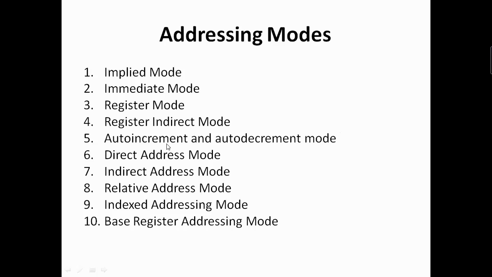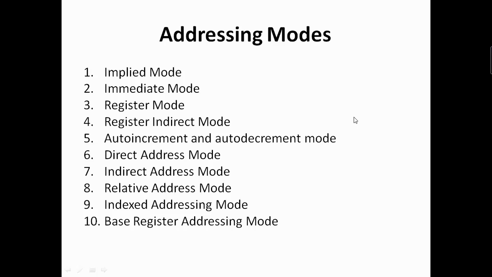The fifth one is auto increment and auto decrement mode. This fifth is the same as the fourth. The only difference is that once the register is accessed, it gets auto incremented. So if register indirect mode is giving us a certain register, we go to that register.